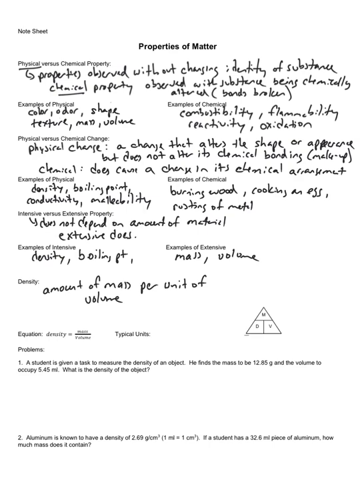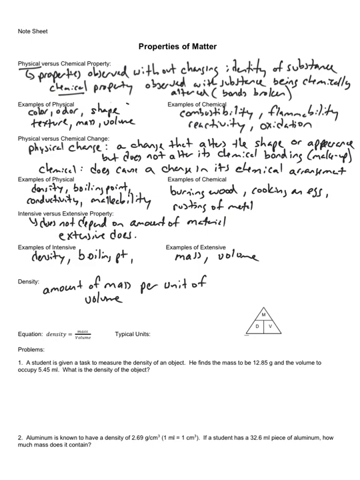First of all, there are two basic types of properties, chemical and physical. A property observed without changing the identity of the substance, so changing what the substance is or its chemical makeup, its bonding arrangement. If that property can be observed without chemically changing it to something else, it is a physical property.